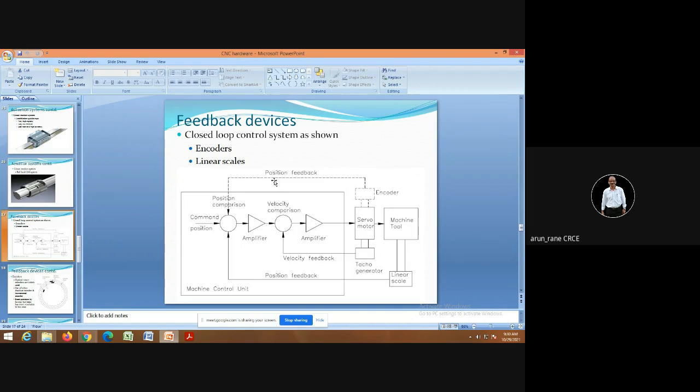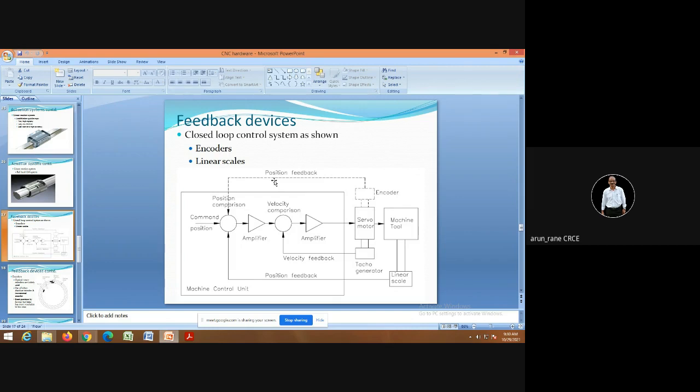Like suppose if you are given X50, that is 50 mm to be moved in the X direction, and if the pitch of the ball screw is 5 mm, then 50 divided by 5, so the ball screw should rotate 10 rotations or 10 revolutions.